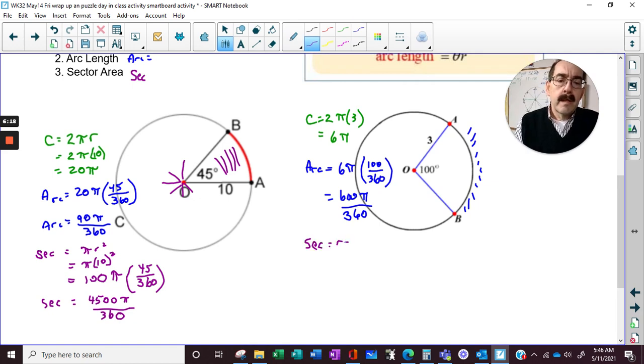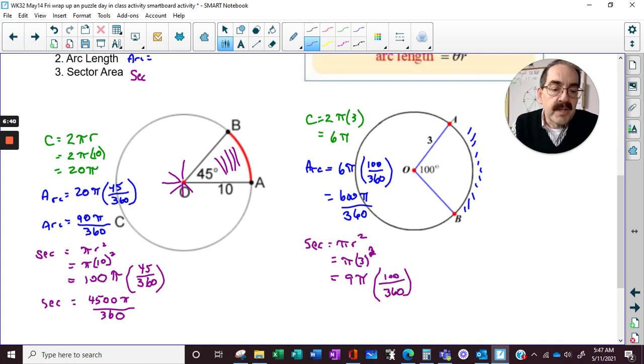And again, we didn't all get to that this week: pi r squared. So in our case, it's pi times 3 times 3, 3 to the 2 power, which gives us 9 pi. But we only want 100 of the whole thing.